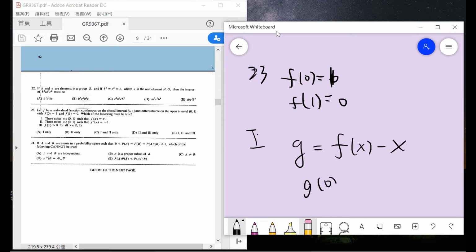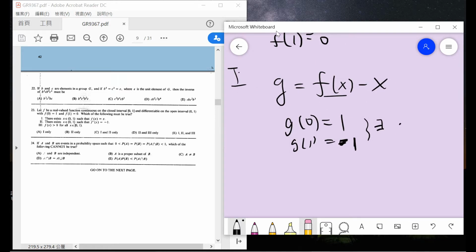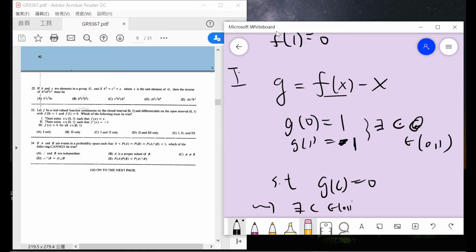So g of 0 is 1, g of 1 is minus 1. So there exists c in the open interval such that g of c is 0, since g is a continuous function, by the property of continuous functions. So it exists c in the open interval 0, 1 such that f of c equals c. So the first one should be correct.